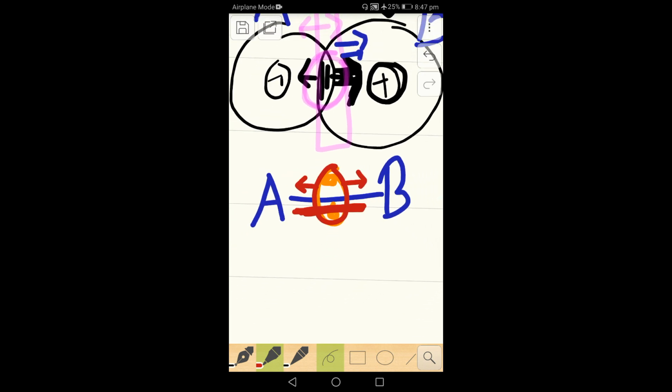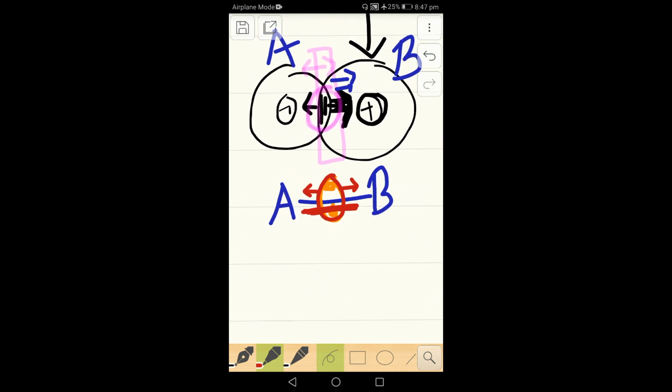But here we are saying that B has a higher electronegativity.